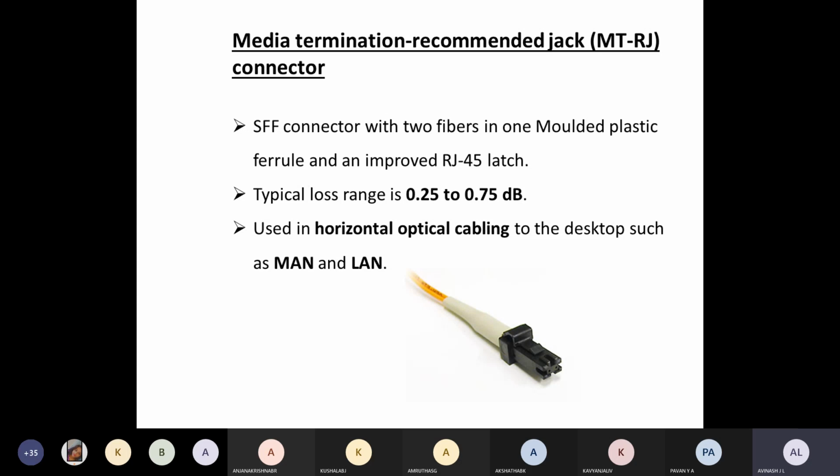This type of MTRJ connector is used in horizontal optical cabling to the desktop, such as MAN and LAN. Here two fibers are molded in the plastic ferrule. This is one type of connector, the media termination recommended jack connector.